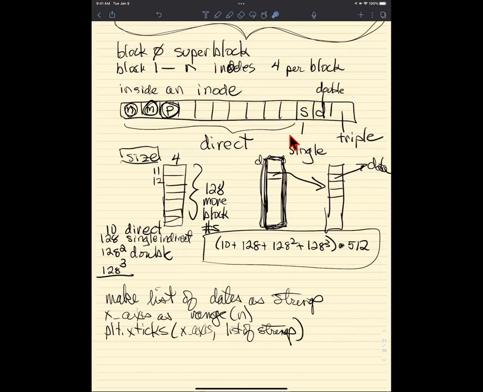That second block is also an interior node. It will take a third IO to get to the data, and so on. So if it's underneath the triple indirect, it will be one IO to get the root, a second IO to get the mid-level, the third IO to get the bottom level of the interior nodes, and a fourth IO to get the data.